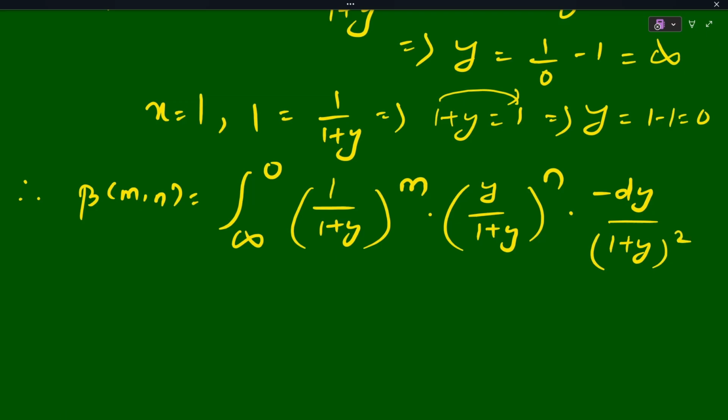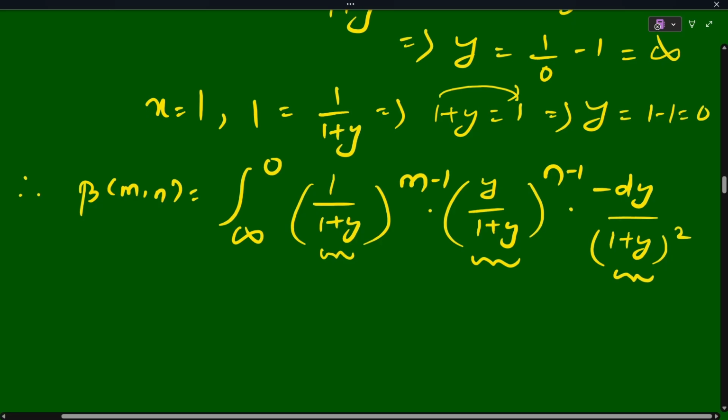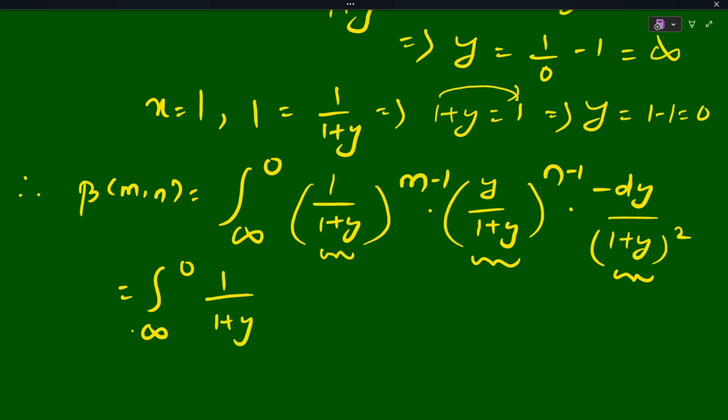So now let's take all the values of 1 plus y at one place. See here there is 1 plus y, here there is 1 plus y, here also there is 1 plus y. Okay, and now this value is m minus 1, right? So take the 1 by 1 plus y common in all the things. It would be 1 by 1 plus y to the power m minus 1, right?